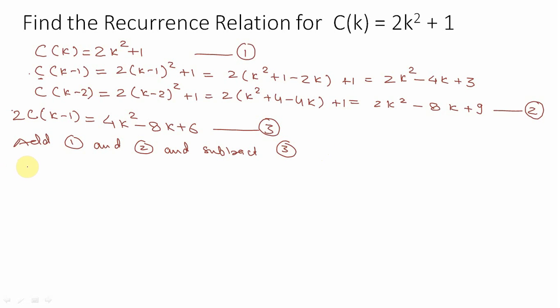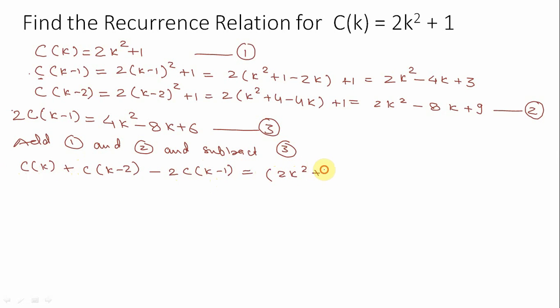We get on the left hand side c_k plus c_{k-2} minus 2c_{k-1}. On the right hand side, equation number 1 was 2k square plus 1, equation number 2 was 2k square minus 8k plus 9, minus equation number 3, which is 4k square minus 8k plus 6.